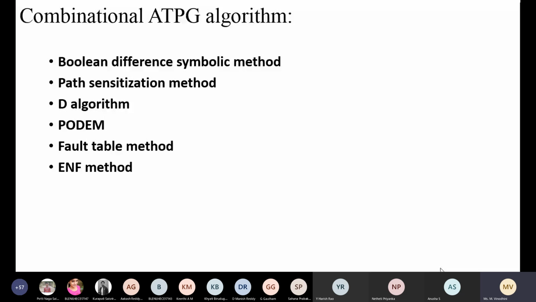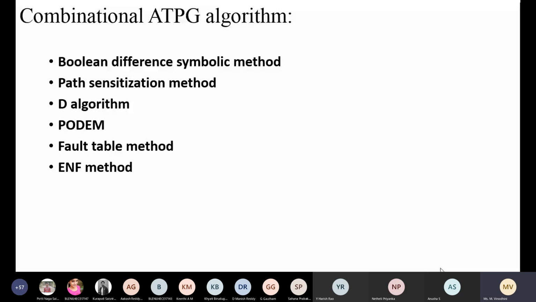Students, is it clear what an ATPG algorithm is? It is an algorithm used to generate the test vector. As input, you are given a circuit and also the faults, and using this algorithm, I can identify the test vector which detects that fault. Clear, students?